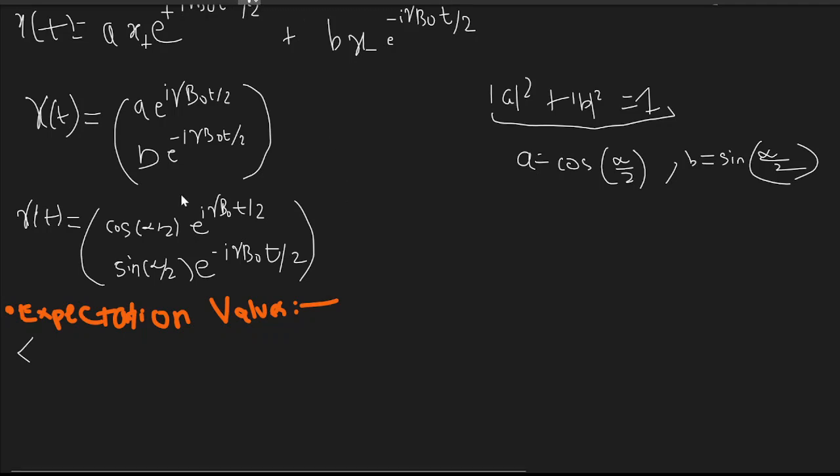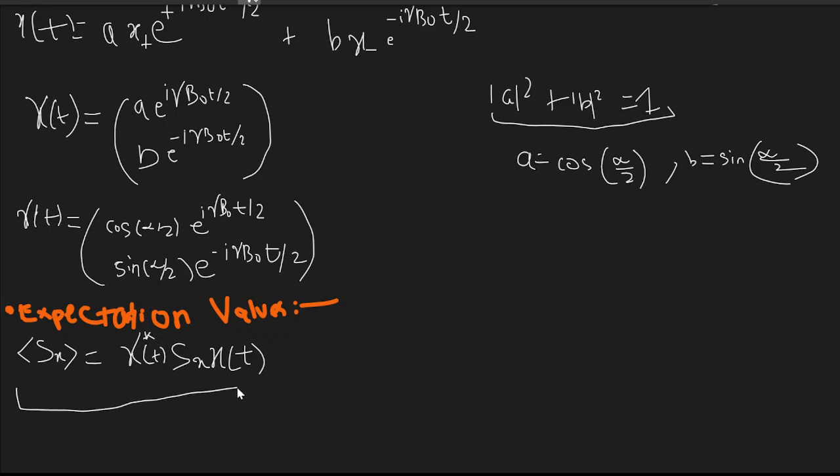Okay, so the expectation value for our x case can be written in this form: the spin state's complex conjugate, then Sx, and then the spin state. This is a very good form of writing and finding the expression for the expectation value of x. Just like this, we can write it for the y and z cases.